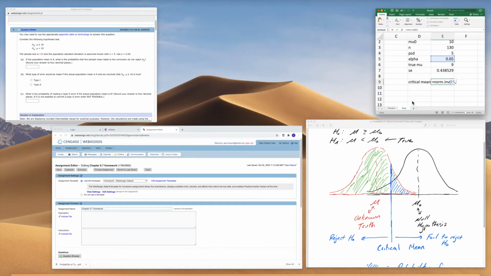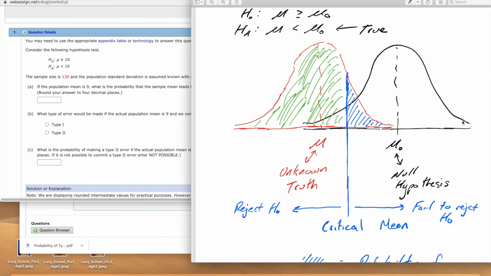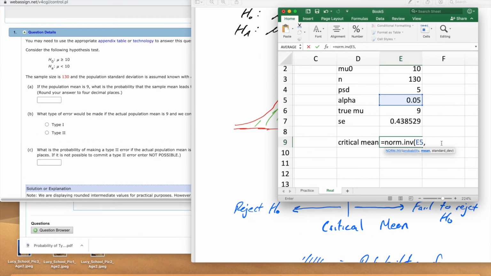Comma, the mean of the distribution I'm looking at. I'm looking at the black one to identify this little area right here. This triangle has 5% in it. Notice that I'm using the black distribution for that. What's the mean of that one? 10 in this problem, because that's my null distribution. The standard deviation is the standard error. So what this critical mean is going to give me is the number that has 5% to the left of it in a normal distribution with 10 in the middle and with this standard error.